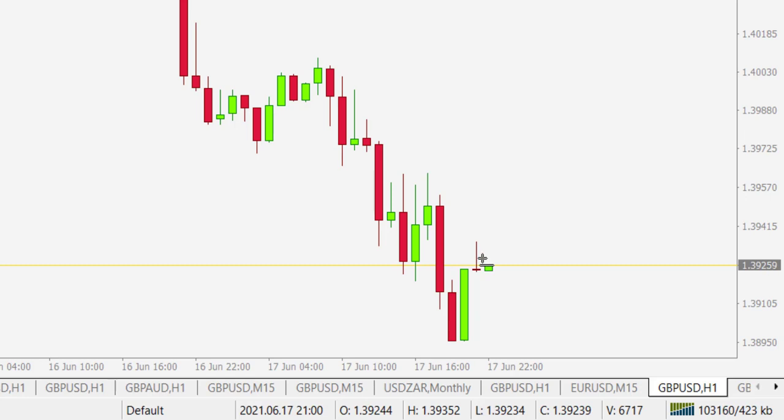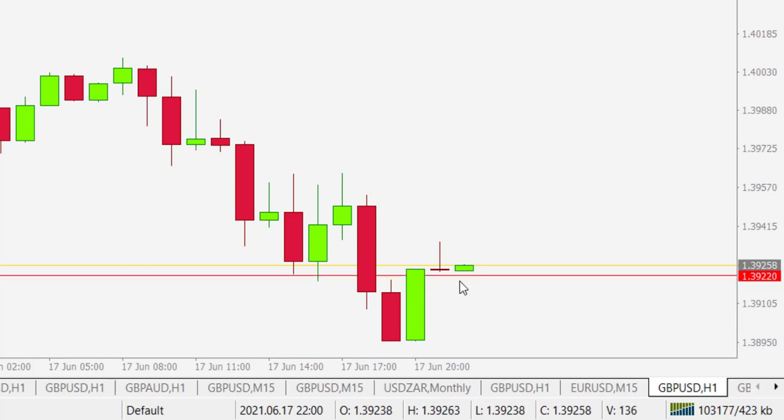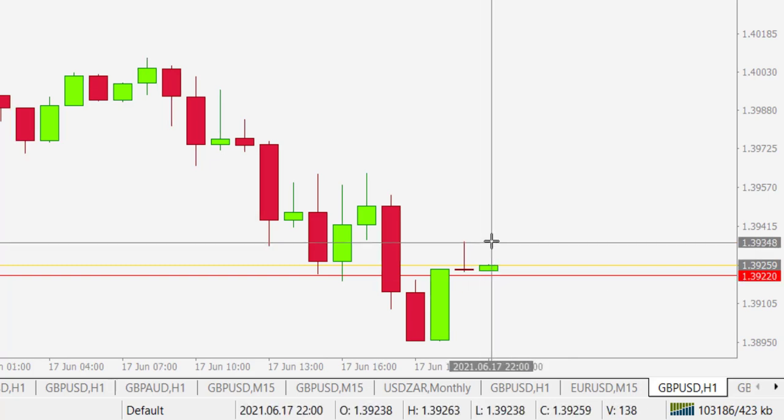I'm not saying this is an opportunity, but this is a reversal pattern. I've done no analysis here. I want my entry to be about 2 pips below this, so somewhere around here is fine for me. I will be selling in this case, and I want to risk the height here from the entry.